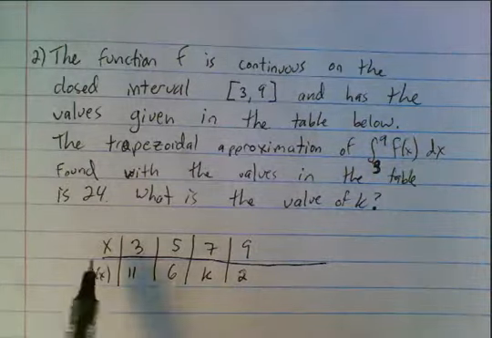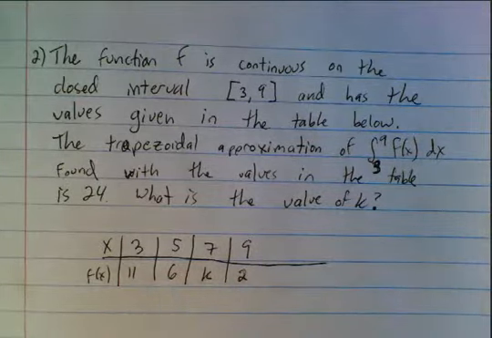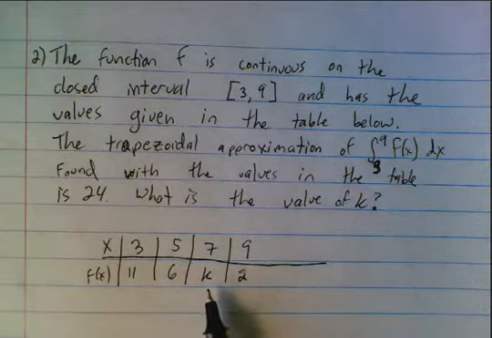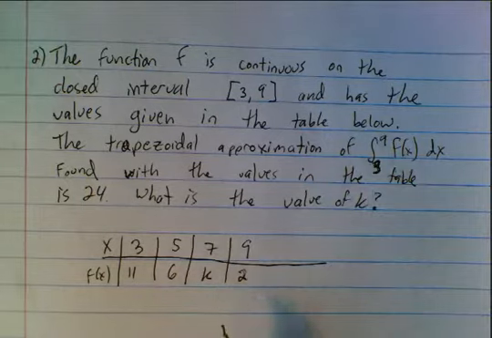So right down here, when x is 3, f of x is 11, so on. The trapezoidal approximation of the integral from 3 to 9 of f of x dx, found with the values in the table, is 24. What's the value of k? And notice there's a k right here instead of these numbers.